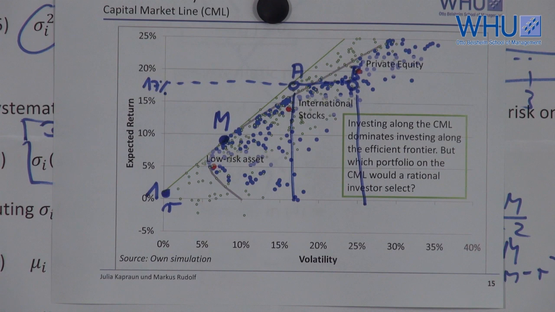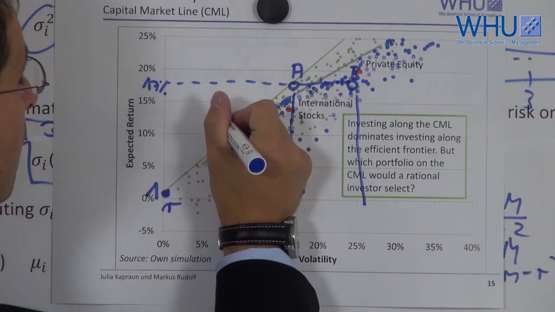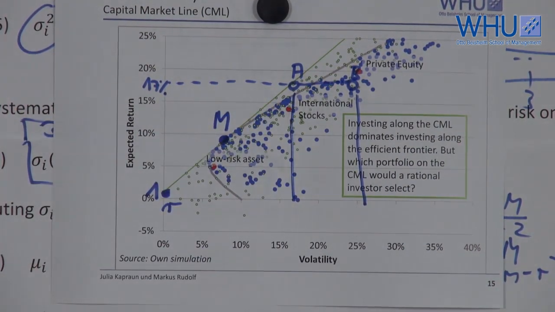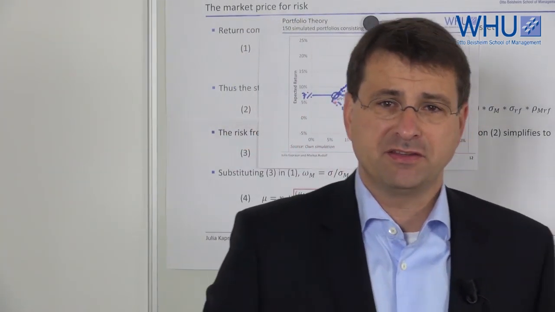What we also see is that the capital market line dominates the efficient frontier at all points. There is just one exception, namely the tangency point. That is the point where the efficient frontier and the capital market line are tangent to each other. So basically, the capital market line is the ingredient that you need in order to derive the capital asset pricing model.